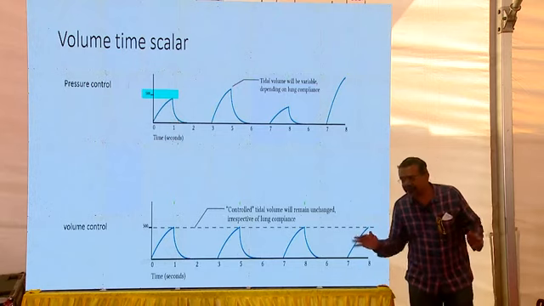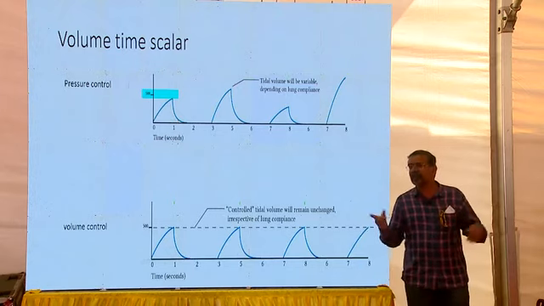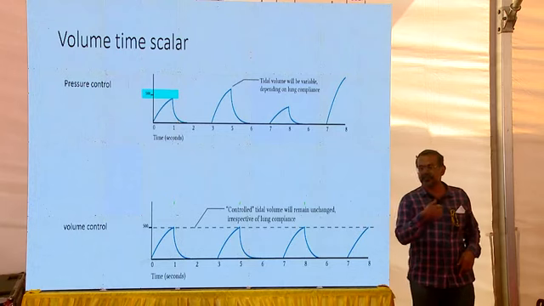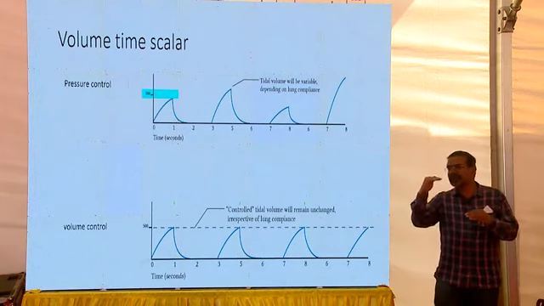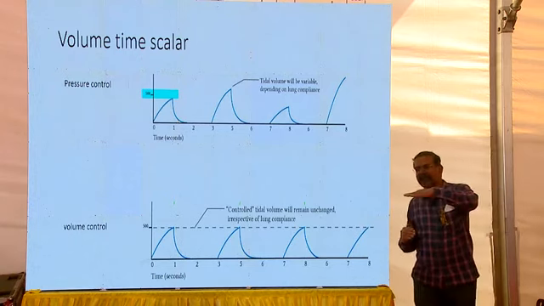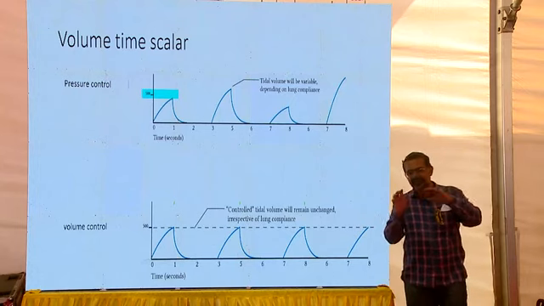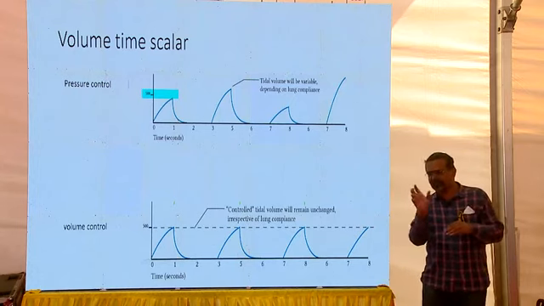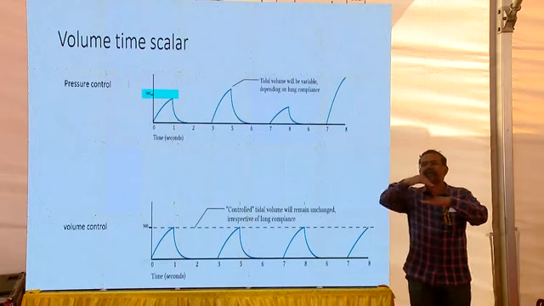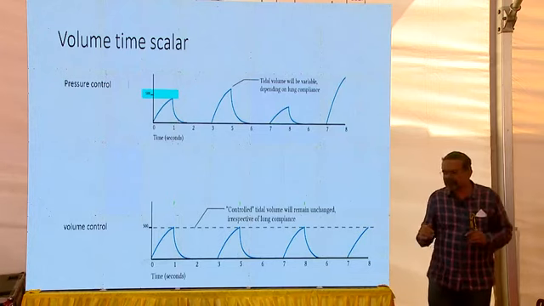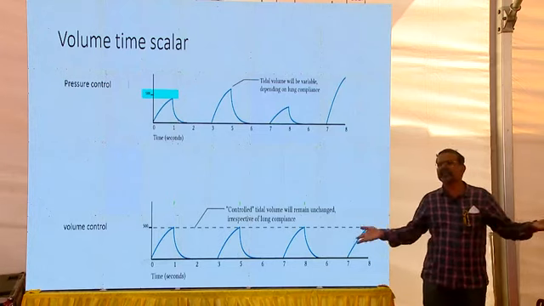Unnecessary pressures are not given. The pressure is decided by the machine, not by you, based on the volume fed by you. So suppose PEEP is fixed at 5, we are giving 5 cc per kg tidal volume, and PIP is coming up to only 12. That means this patient is ready for extubation.